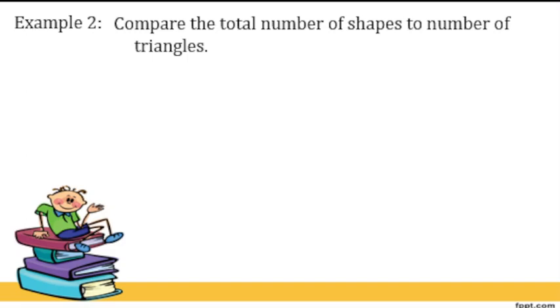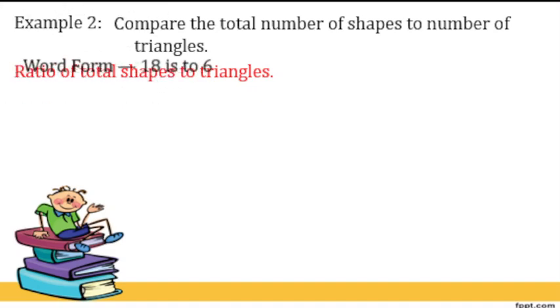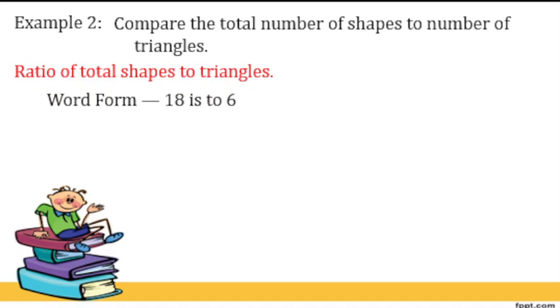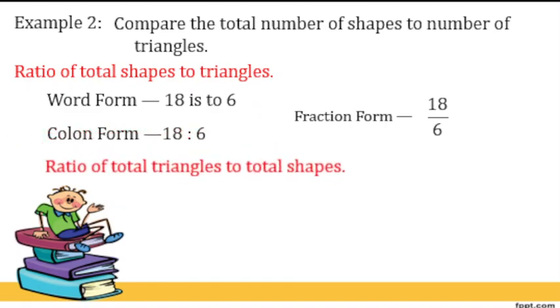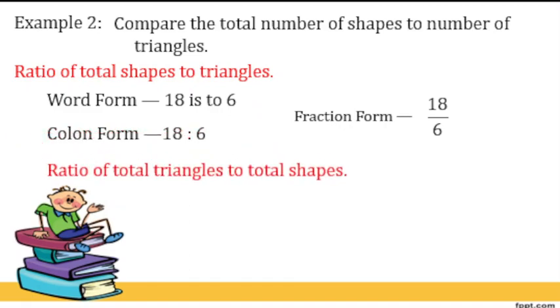In word form, the ratio of the total shapes to triangles is 18 to 6. And then by colon, that is 18:6. And in fraction, that is 18/6.